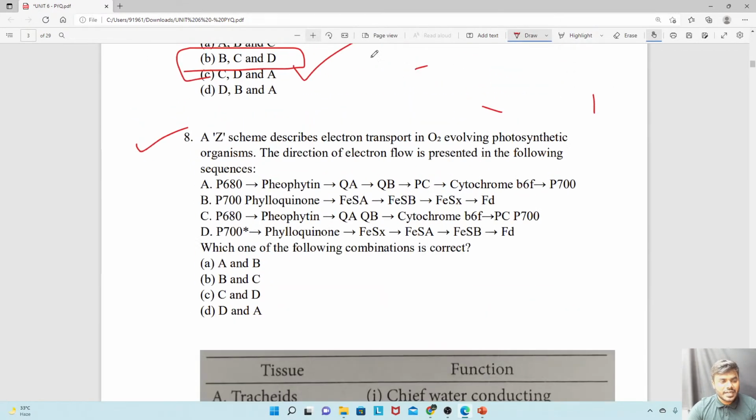Question number 8. Think and answer, friends. Don't be in a hurry. Check slowly, dear ones.